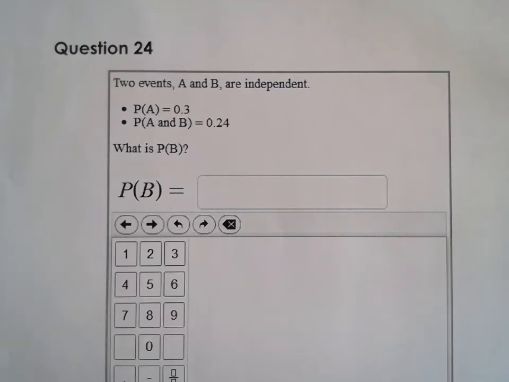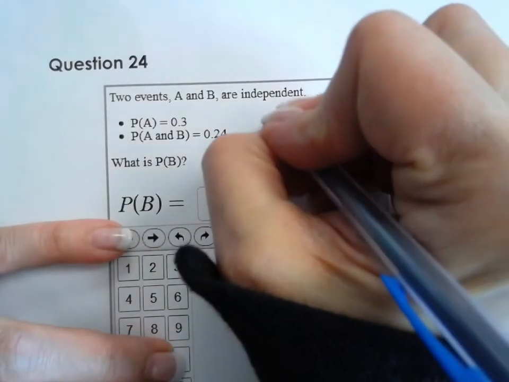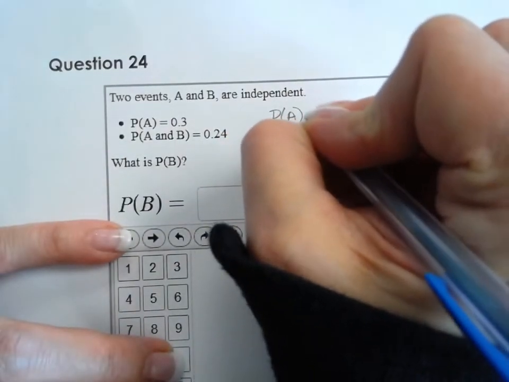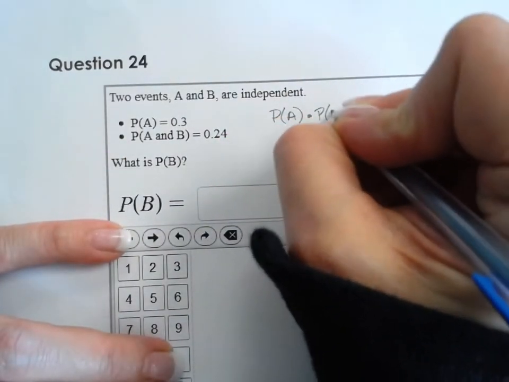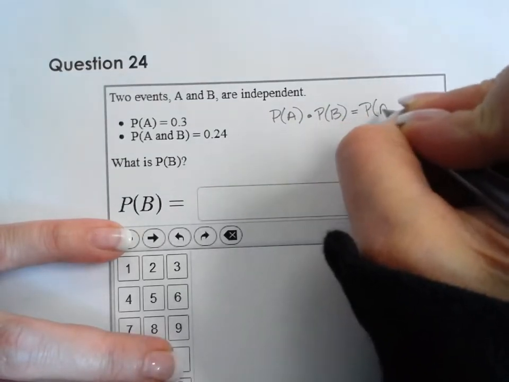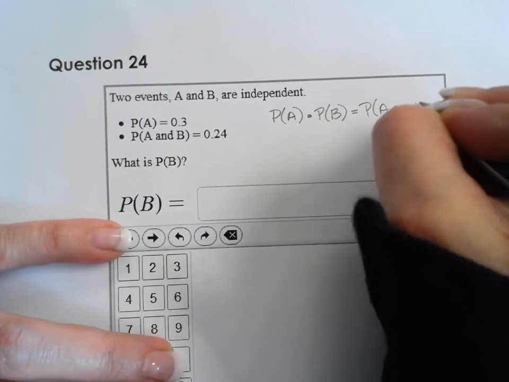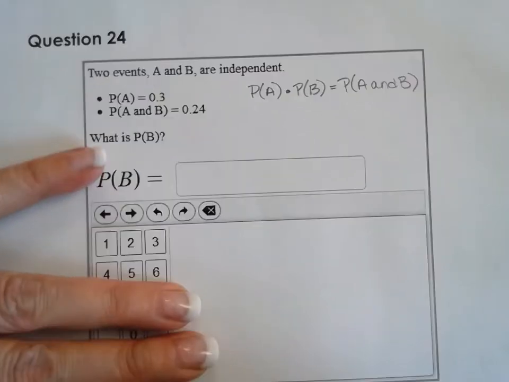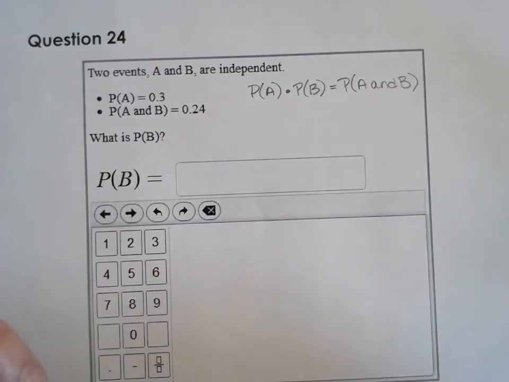Multiplying, that's half the way. So if you have the probability of A times the probability of B, it has to equal the probability of A and B. That was just one of the rules we got.